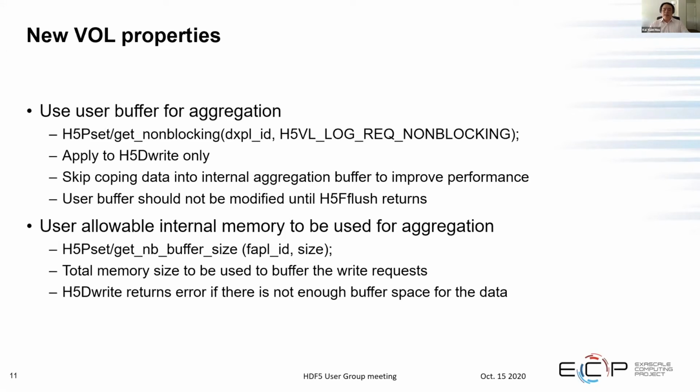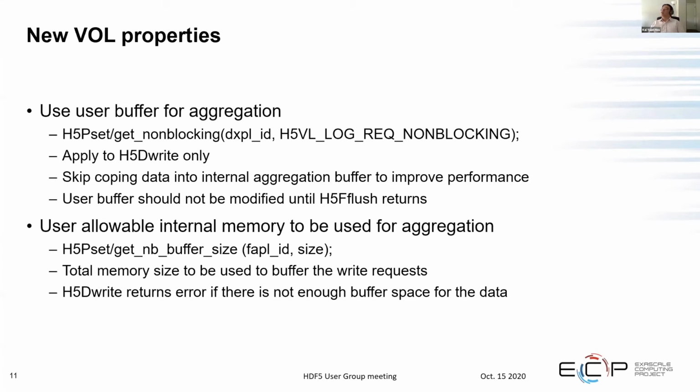Regarding the staging and the flushing, we introduced two new property lists. The first one is for aggregation. That is to catch the user buffers that are temporary in the VLL. We need to copy them to an internal buffer.